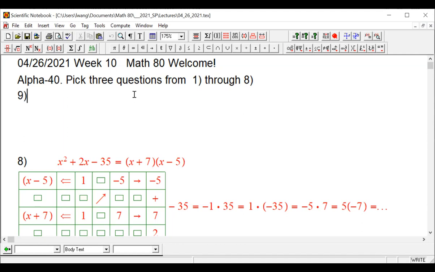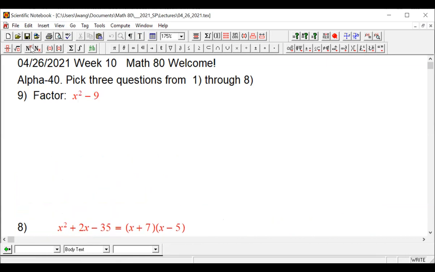Let's look at the 4 other questions. Let's look at number 9. We're going to factor x squared minus 9. I'm going to show you the different ways we can factor this particular thing.